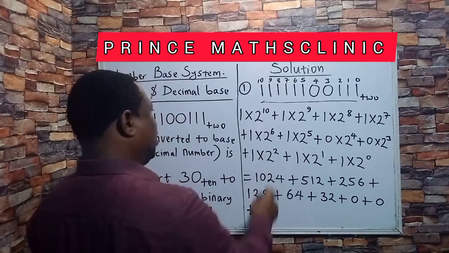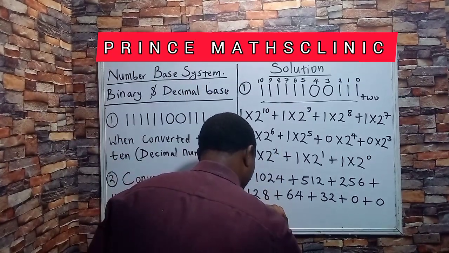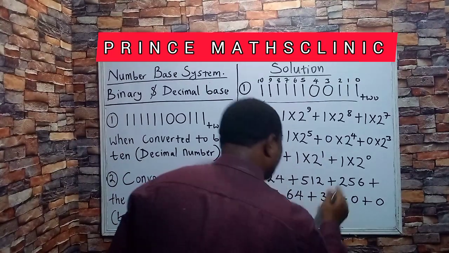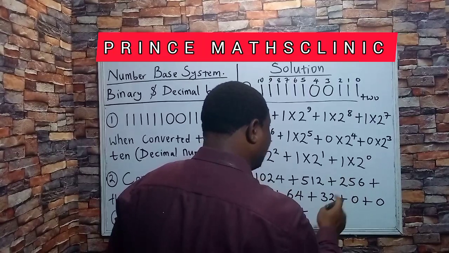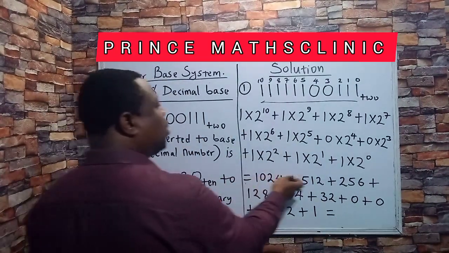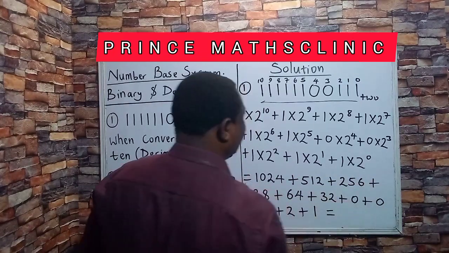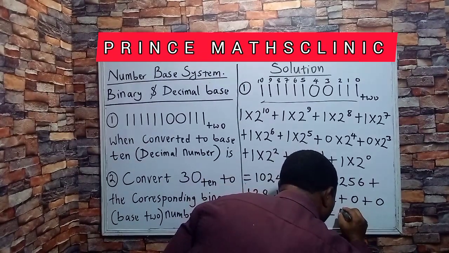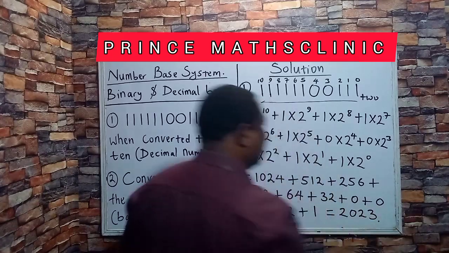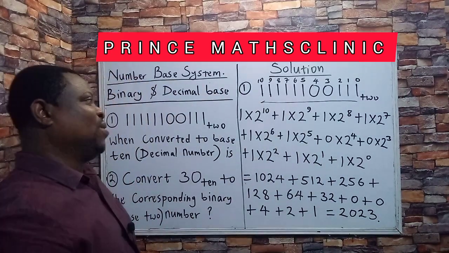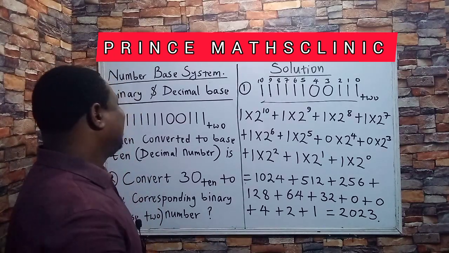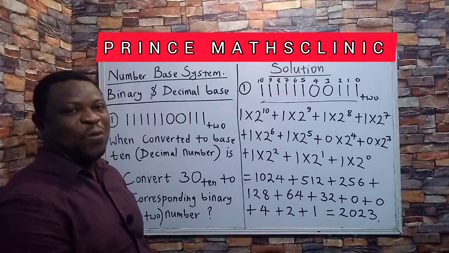Then plus 2 to the power of 2 is 4, 2 to the power of 1 is 2, 2 to the power of 0 is 1. 1 times 1 gives you 1. And if you add all these figures together, you are going to get 2023. So, Happy New Year once again to you. Alright, that is the solution to number 1.